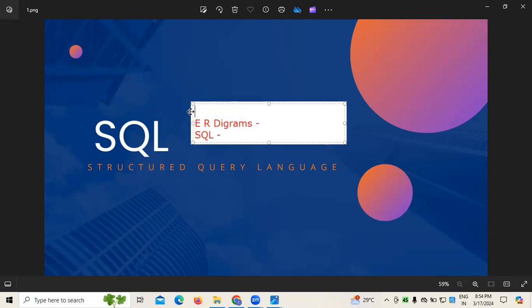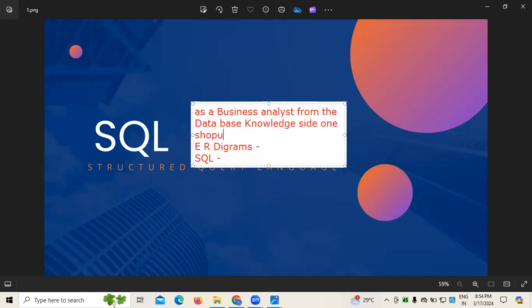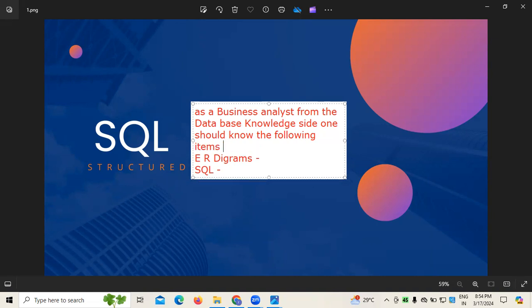As a business analyst, from the database knowledge side, one should know the following items.